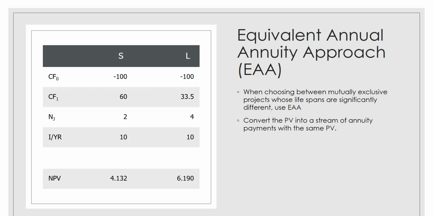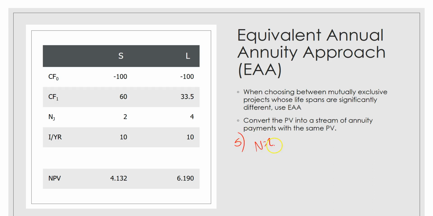So if we're looking at projects with drastically different lifespans, we can use the equivalent annual annuity approach. We convert the present value into a stream of annuity payments with the same present value. So with short, we would say that N is 2.